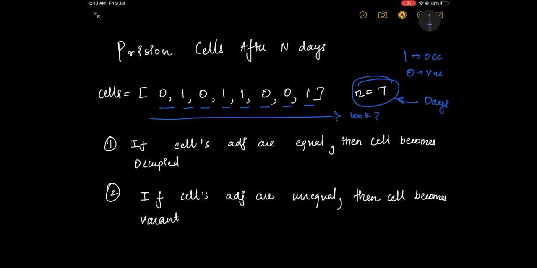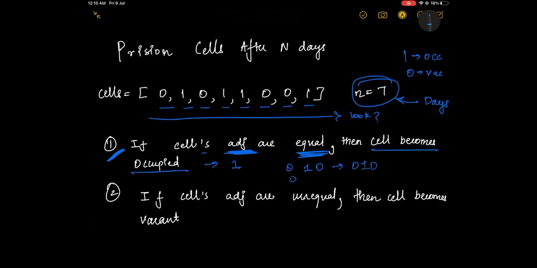For these operations, we've been given two conditions. First one is if the adjacent cells are equal, then the cell becomes occupied, which is it changes to 1. So for example, if I have 0 1 0, then this remains 0 1 0.